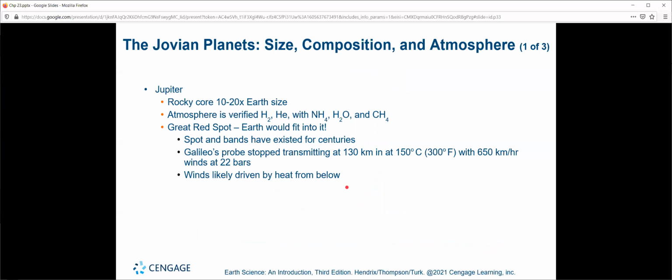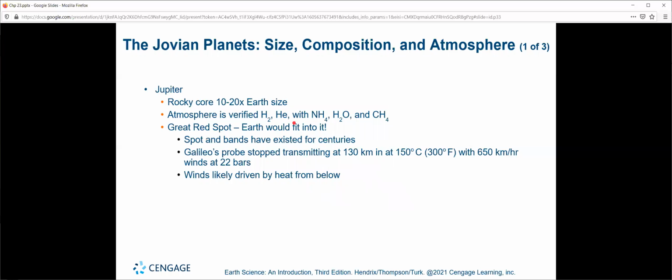And everyone's favorite part of Jupiter, the Great Red Spot. So big, Earth could fit in it. And it's essentially a giant hurricane, right? The spots and bands have existed for centuries on Jupiter. The Galileo probe stopped transmitting some 130 kilometers into this atmosphere.